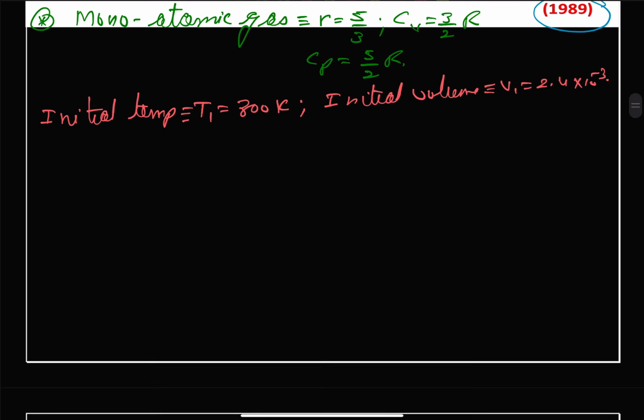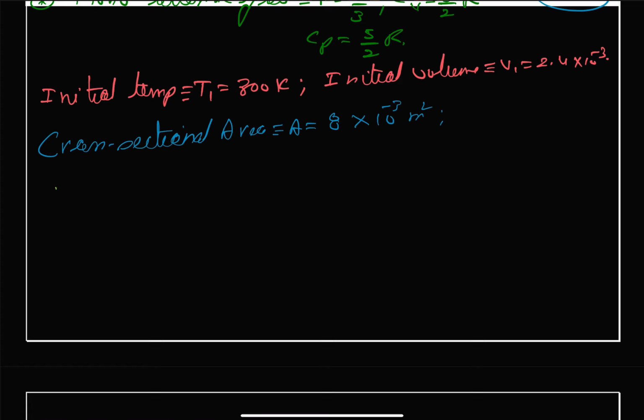Cross-sectional area of the piston, suppose that is A, is given as 8 into 10 to the power minus 3 meter square, and the piston displacement, let us suppose that is delta x, is given as 0.1 meter.